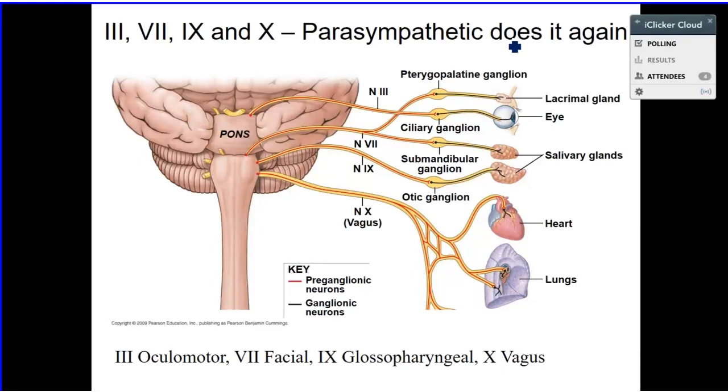So since this is the parasympathetic system, is that vagus nerve going to tell the heart to speed up or slow down? Rest and digest. Okay, is it going to tell your lungs to take in more air? So basically everything gets larger to take in more, or is it going to let your lungs kind of just relax and get smaller because it doesn't need as much? Yeah, relax.